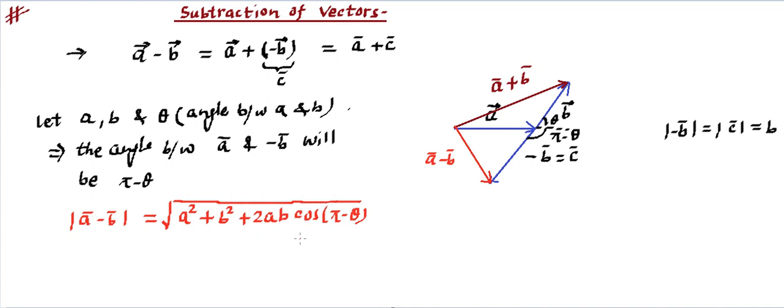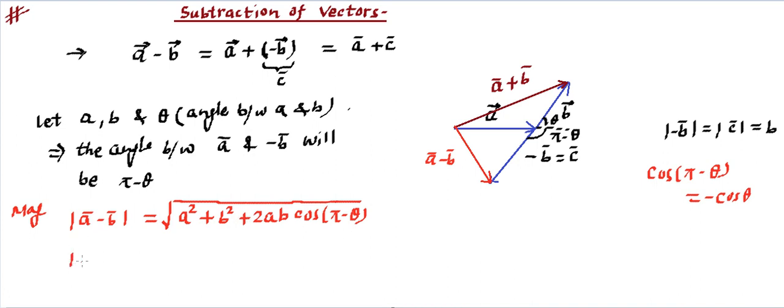So basically in the old expressions or formulas, we simply replace theta by pi minus theta. So this will indicate the magnitude of the difference of the vectors. Now if you know this, that's good. Otherwise you can remember from now onwards, cos of pi minus theta gets converted into cos theta with a minus sign, so it becomes minus cos theta. If we place this minus cos theta, there's going to be a minus sign coming in.